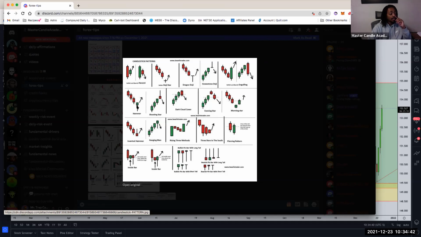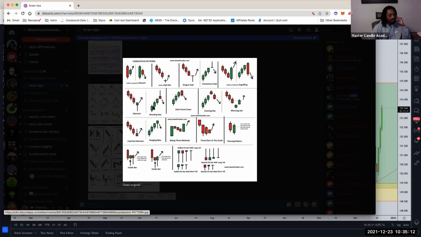What the hammer is confirming is, and this is just an analogy, the hammer is smashing the nail in and then going about its business. It's just driving the nail home and then continuing on its work. This is what you need to see, though. You want to see that long wick rejection.